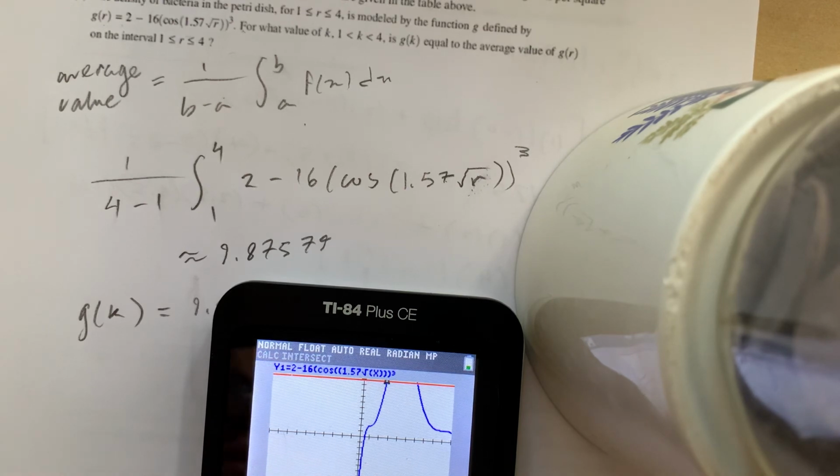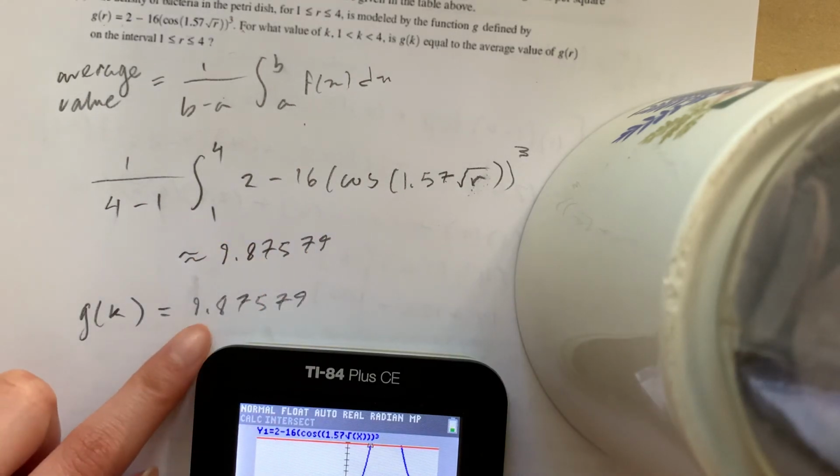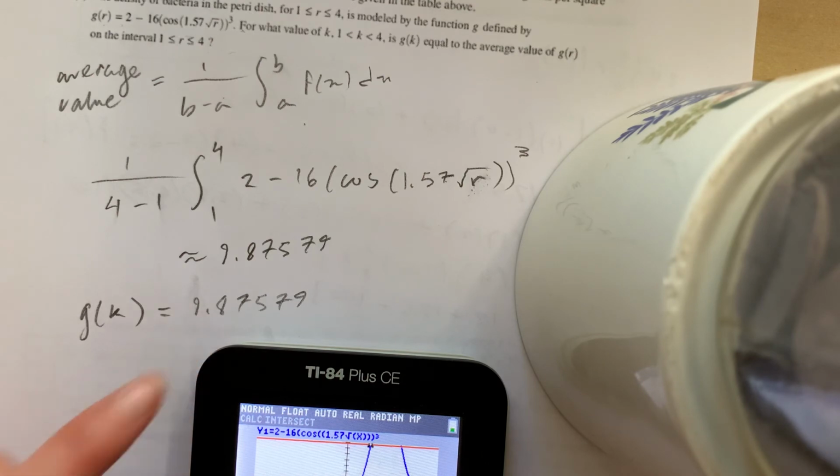I have to go fix what I did here. I'm trying to find for what value K do I get the output 9.87579.